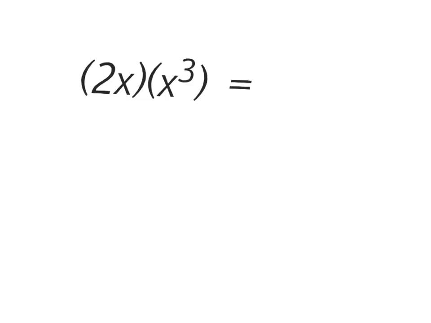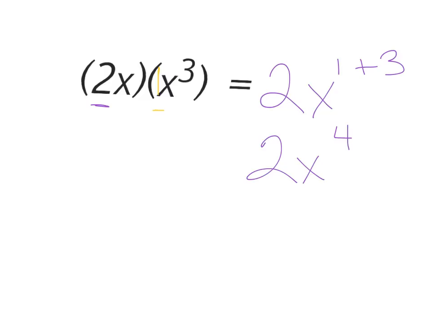In this example, we have a coefficient of 2, and then x to the third really has an invisible 1 as its coefficient. So when we multiply those together, we get 2 times 1, x to the 1 plus 3, 2x to the 4th power. And again, if it helps, we can always put this invisible 1 next to the x to remember that 2x really is to the first power.